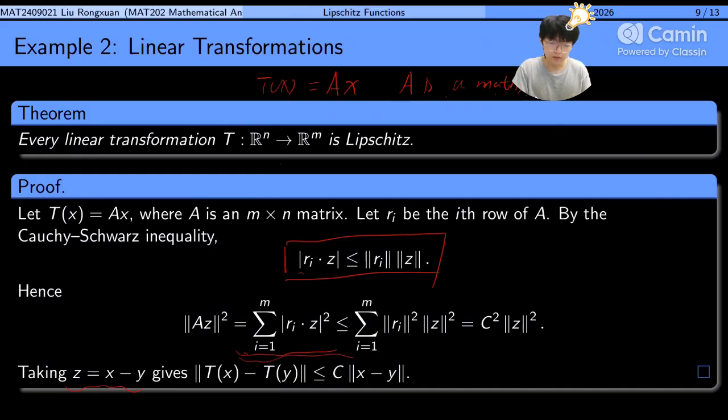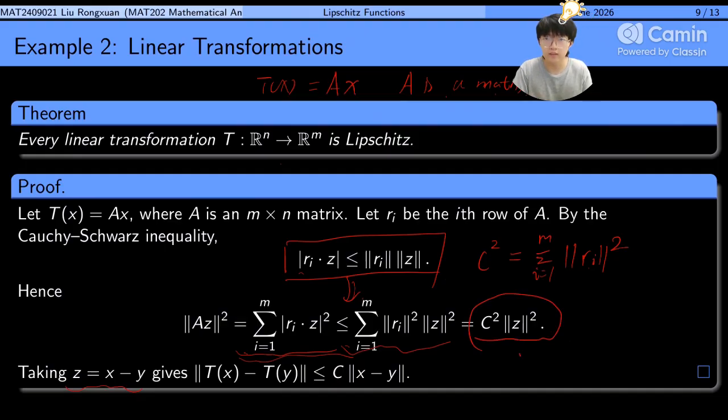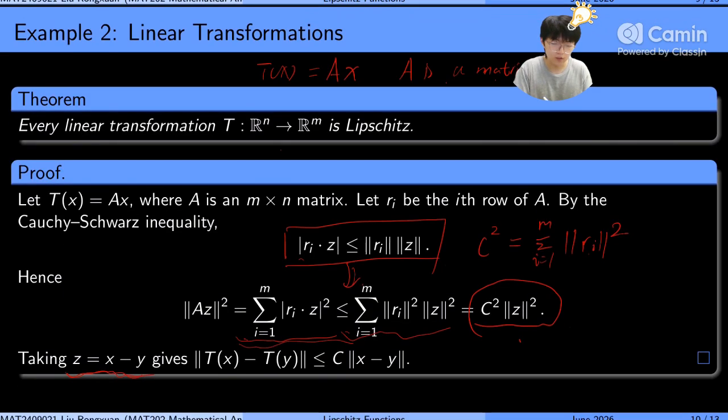Then we apply the Cauchy-Schwarz formula and let a constant C squared be this, and so we get this. Since C is a constant, we can plug in z equal to x minus y, and we get an inequality which is the definition of a Lipschitz function. Therefore, every linear transformation is a Lipschitz function.